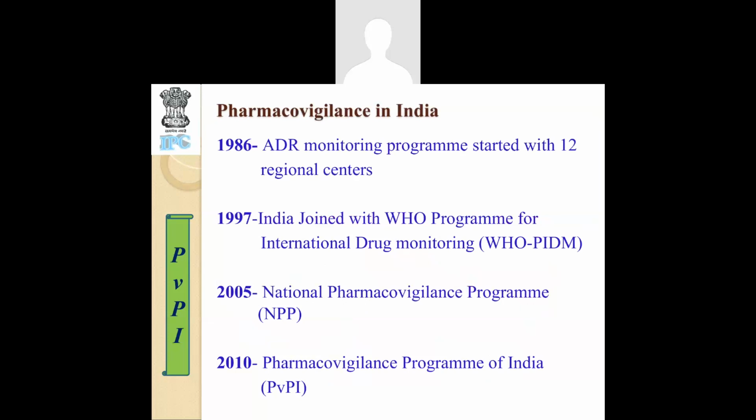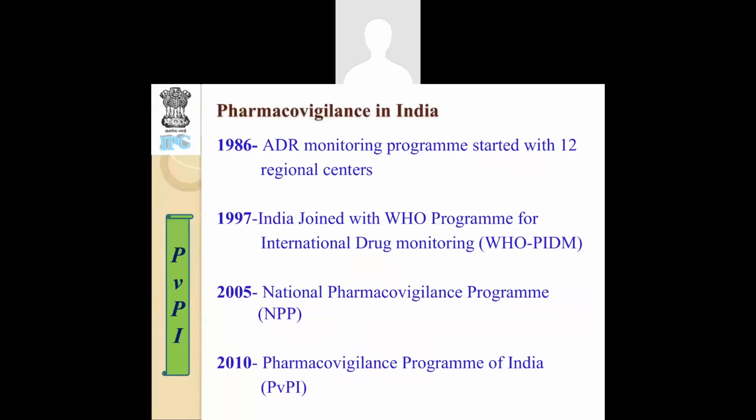With the 12 regional centers, it was not effective, and there were some financial lacunae also, so because of that it was suspended. And again in 1997, India joined the WHO PIDM, that is the Program for International Drug Monitoring. It joined, and it was not effective.